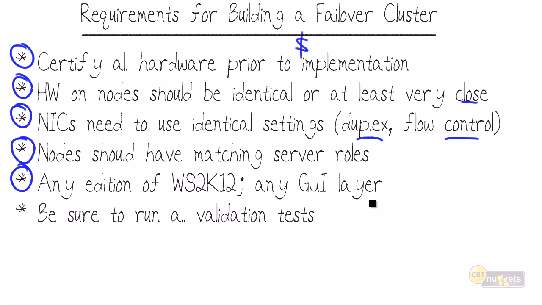You can also use any GUI layer, that is to say server core, which is Microsoft's suggested server configuration, the server with a GUI, which is the other extreme where you have the full Windows treatment, and then there's the minimal server interface, which is a combination where you have server core but with a few of the graphical tools like Server Manager, iSCSI Initiator, etc. Finally, be sure to run those validation tests.